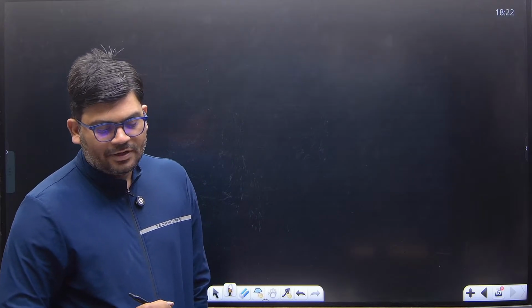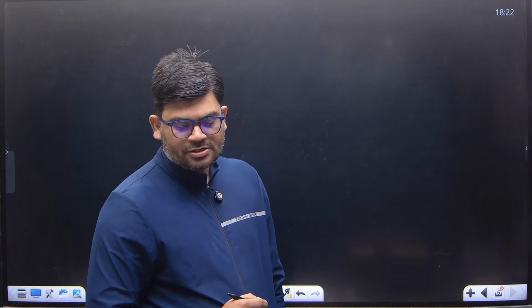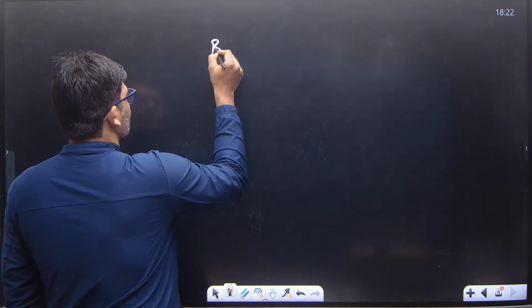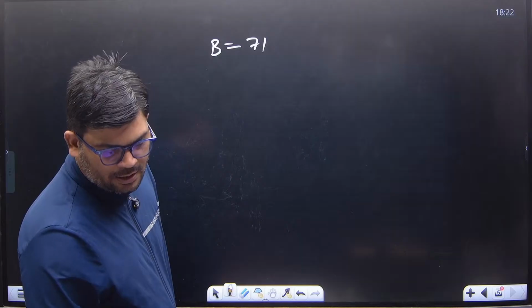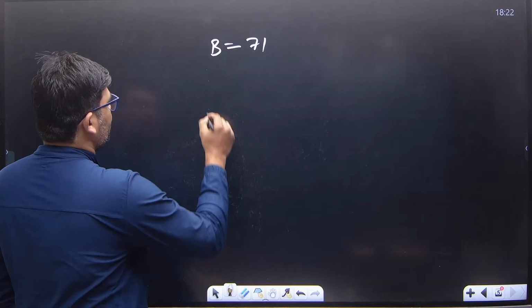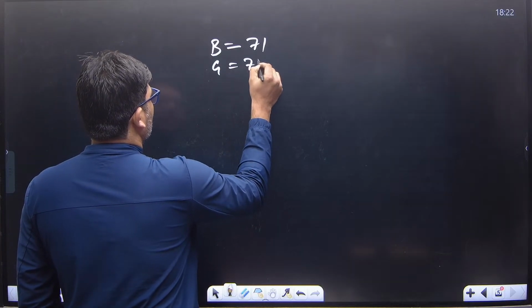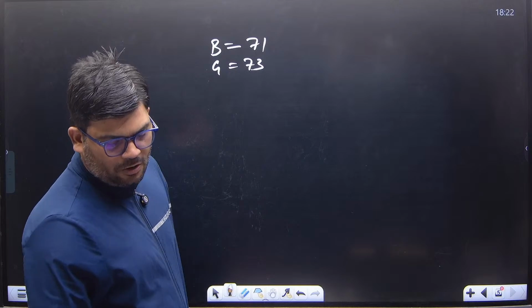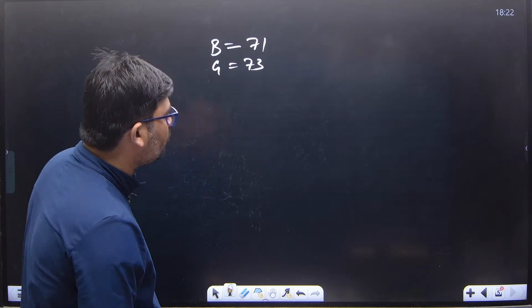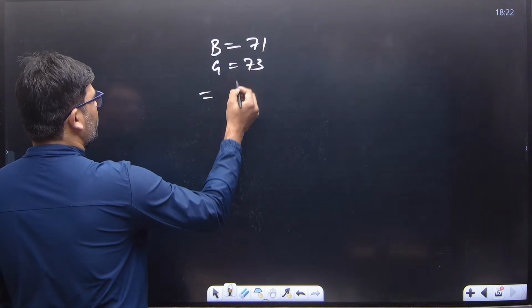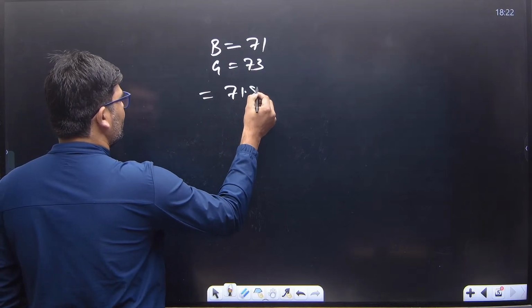Next question. The average score of boys in the examination of the school is 71. So boys' average is 71 and that of girls is 73. Now the average score of the boys and girls in the examination together, if you add together, you will get 71.8.